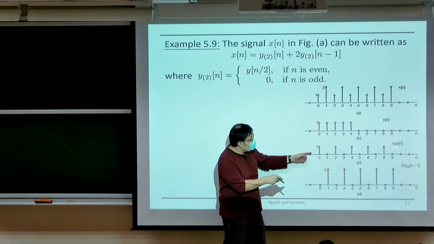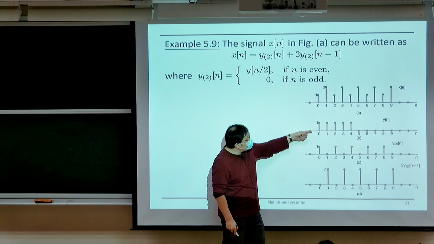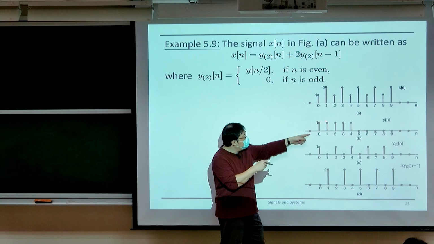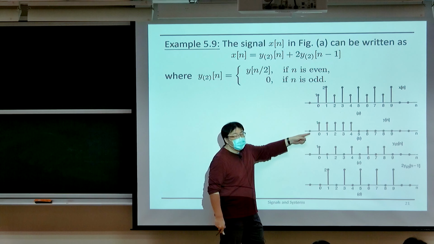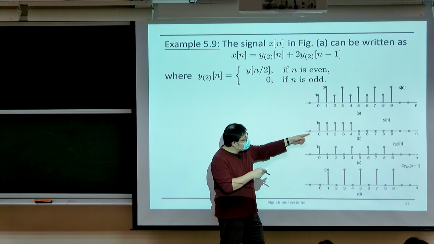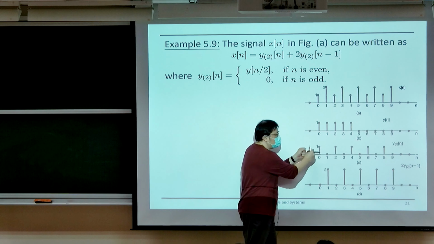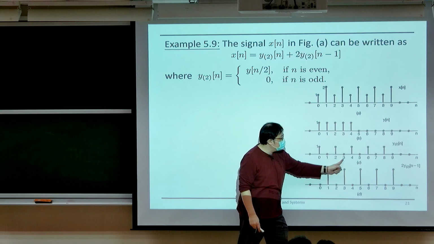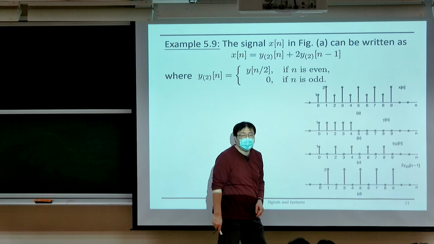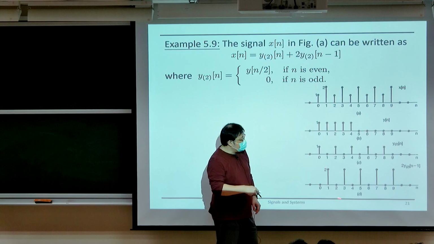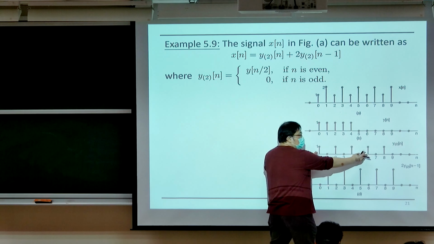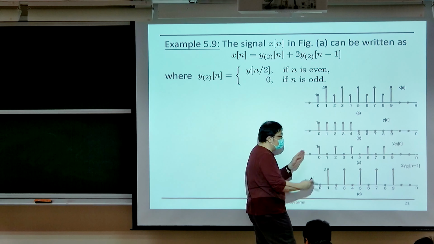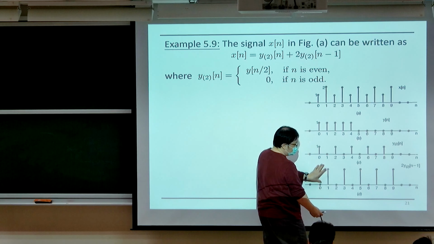Suppose I have a signal y[n] that is this square wave. Then this signal here is just y[n] stretched by 2 times, with a 0 inserted in between. And this other signal is this stretched signal time shifted by 1 and then scaled by 2.